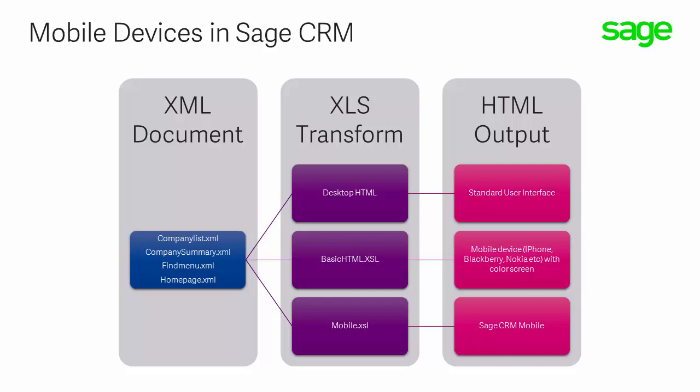Now that file is not stored anywhere, it's generated on the fly, but then depending on the calling device, it's processed by one of these different XSL files. And that together causes the interface to be generated.